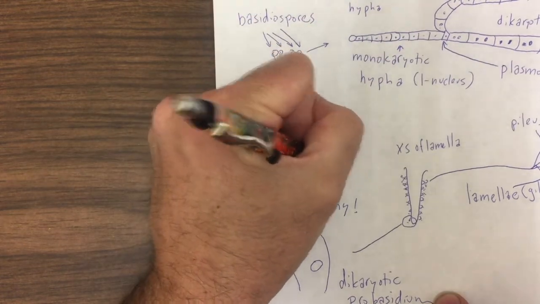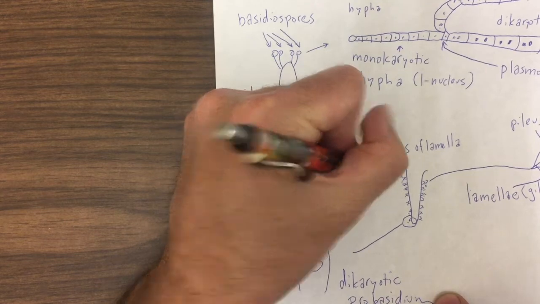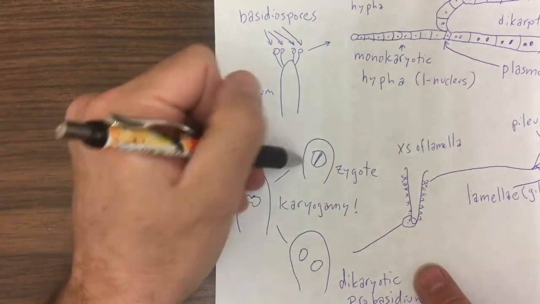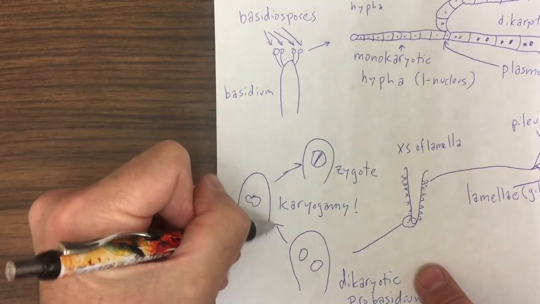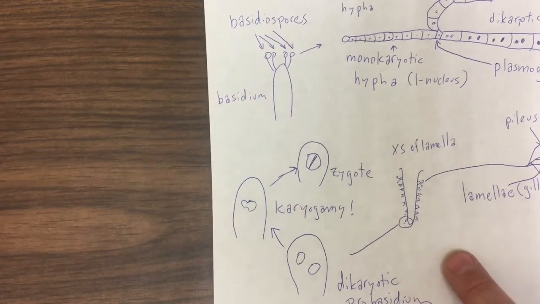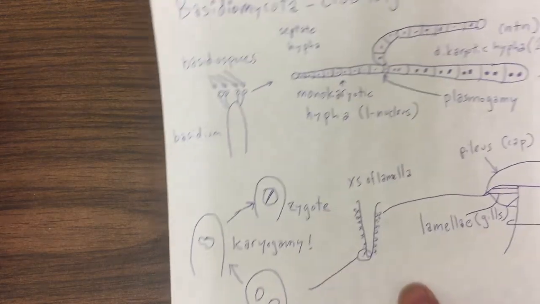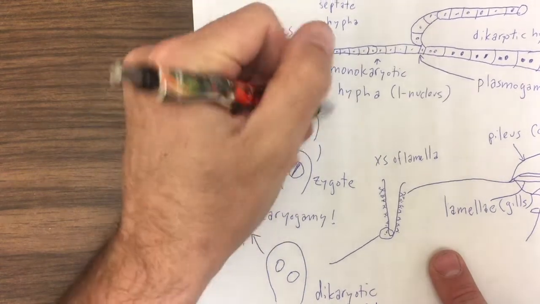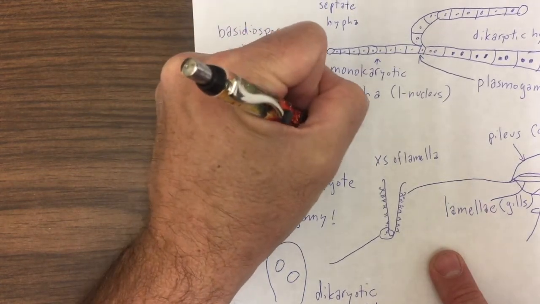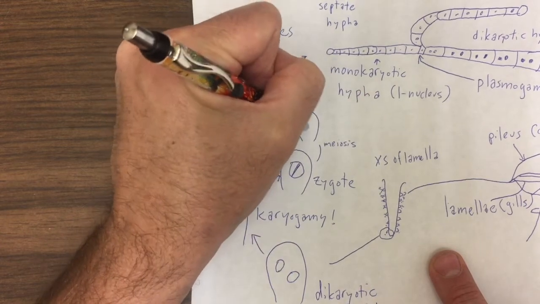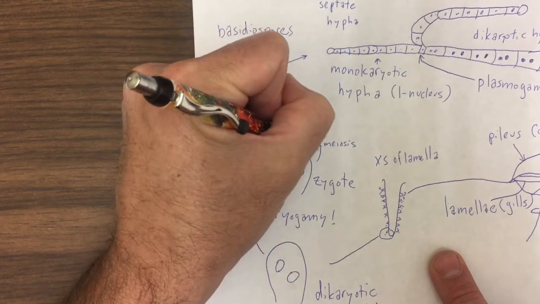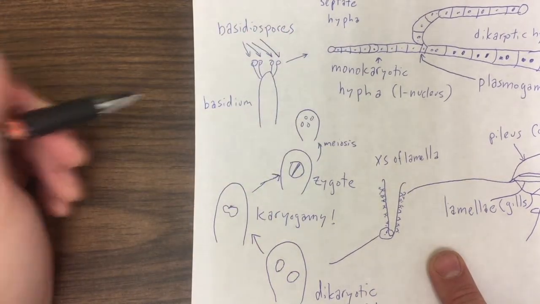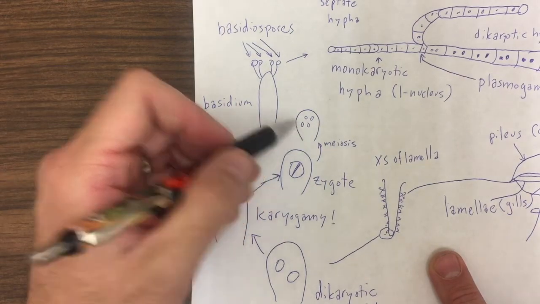It's going to give us a zygote, and because these are fungi that undergo zygotic meiosis, the next thing that's going to happen is meiosis. Which gives us 4 cells.